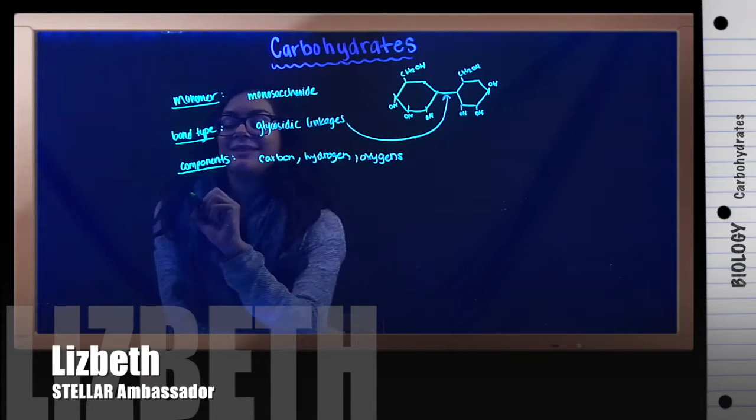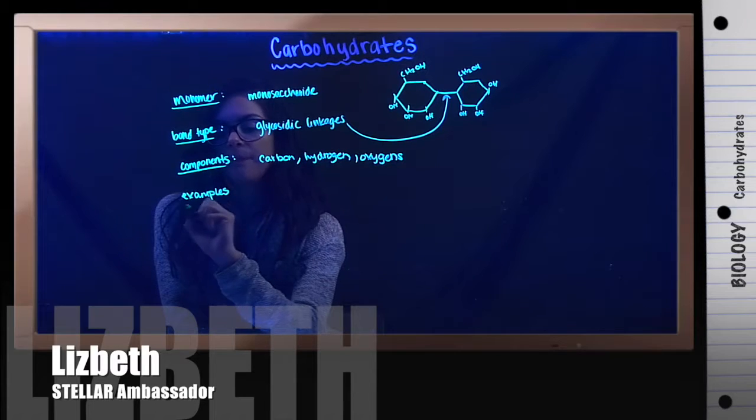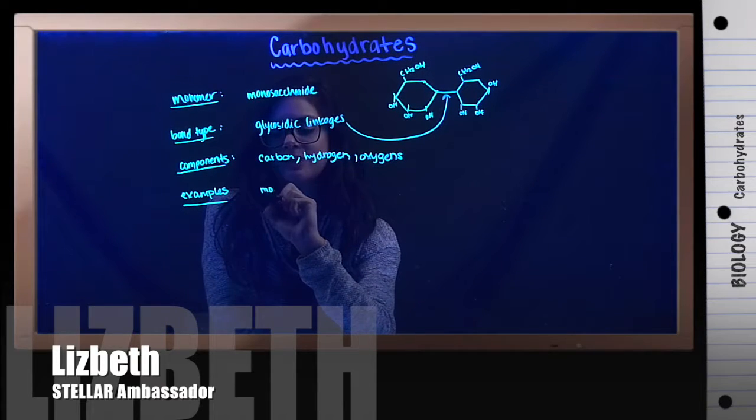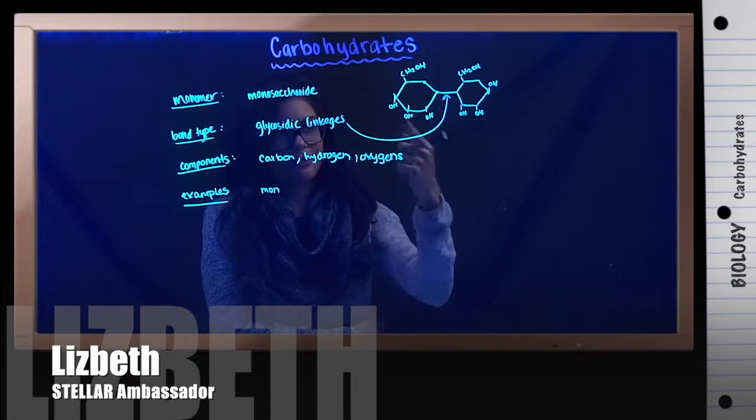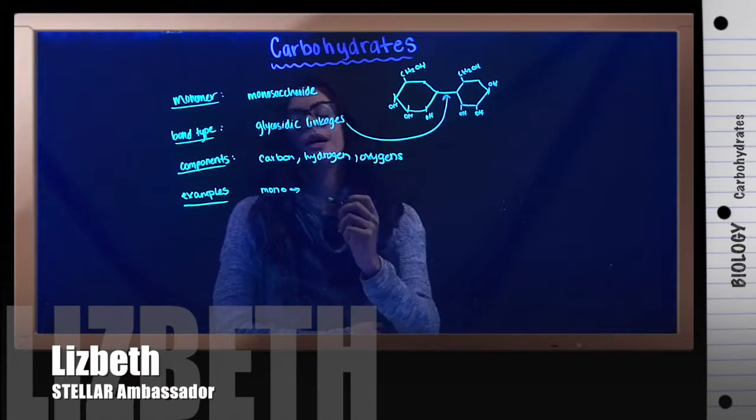Let's go into some examples of sugars. Right, we have our monosaccharides, which I basically drew out here for you. And I'm just going to shorten that to mono.